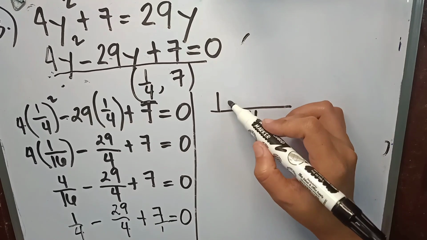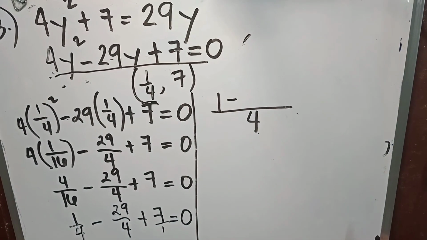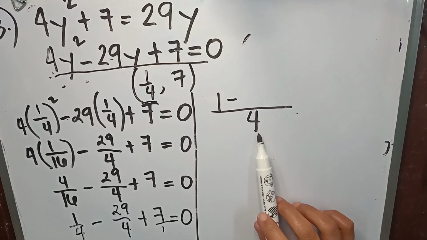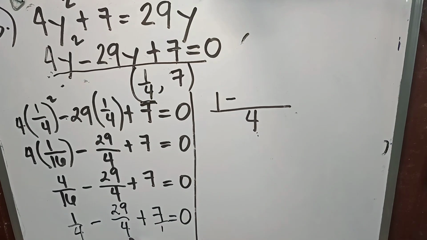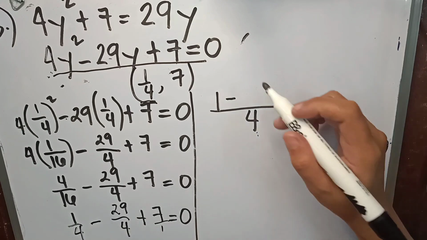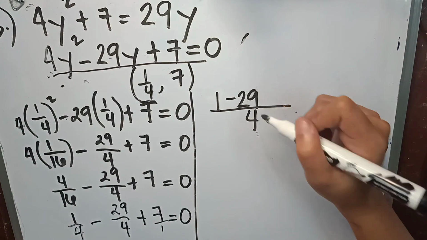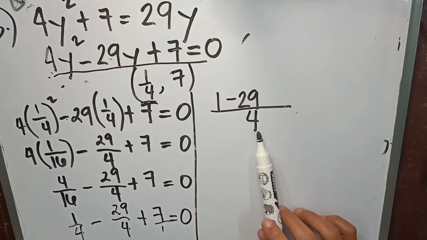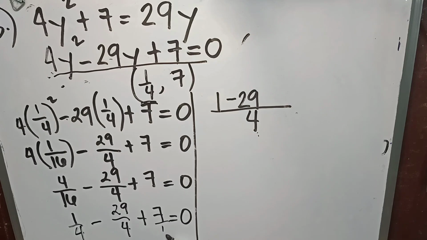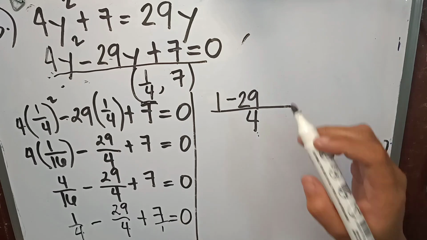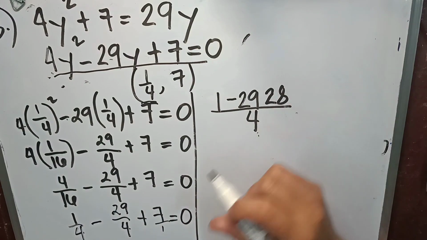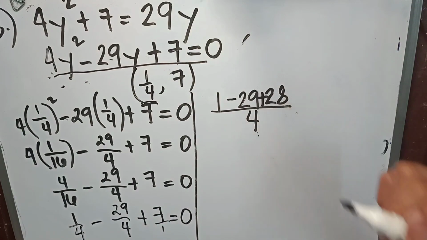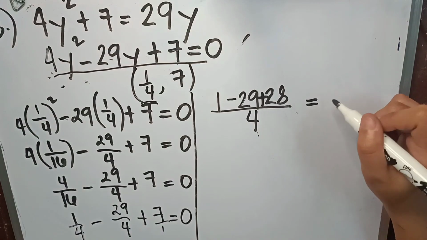Copy the sign, which is negative. 4 divided by 4 is 1. 1 times 29 is 29. Next, 4 divided by 1 is 4. 4 times 7 is 28. And the sign of that is positive. Equals 0.